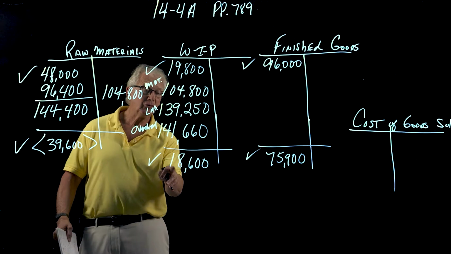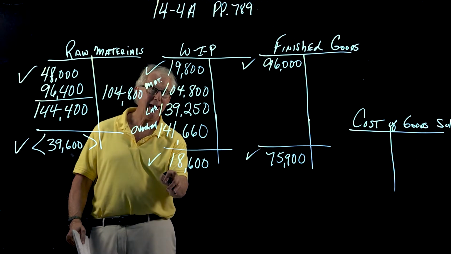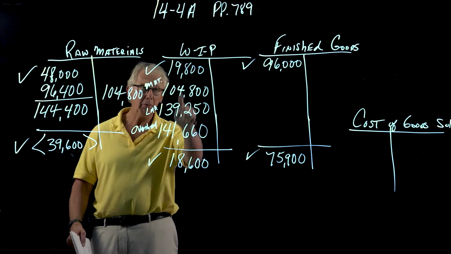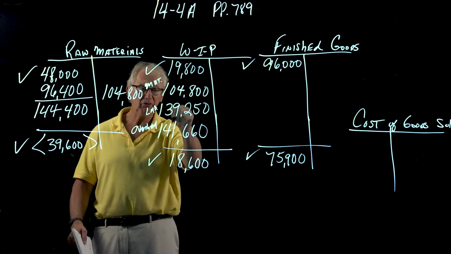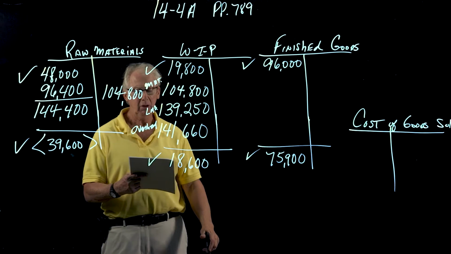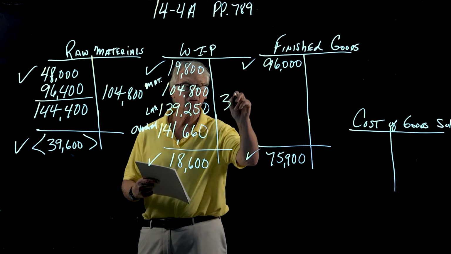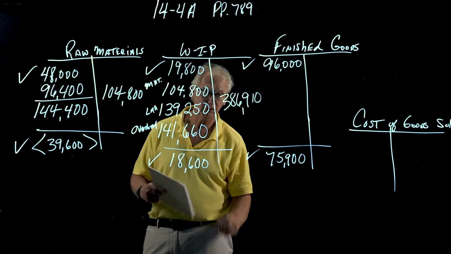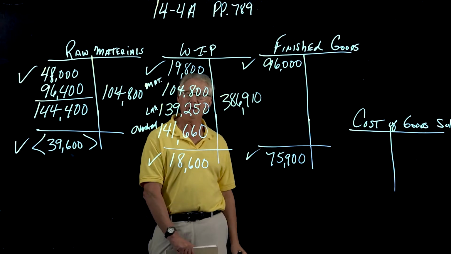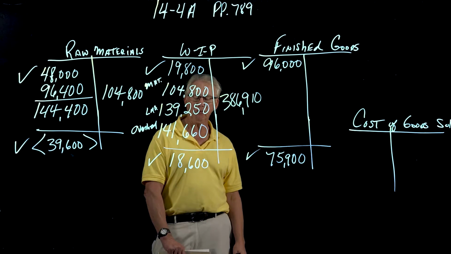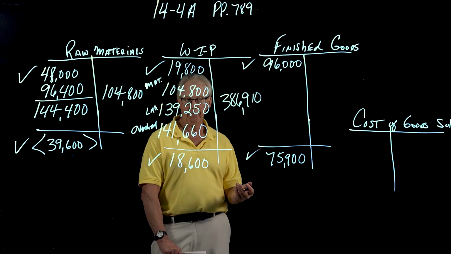And then subtract your ending work in process. Subtract that out from this total of these four numbers, and you should get $386,910. Your number should be $386,910. And that is the cost of goods manufactured for the period.